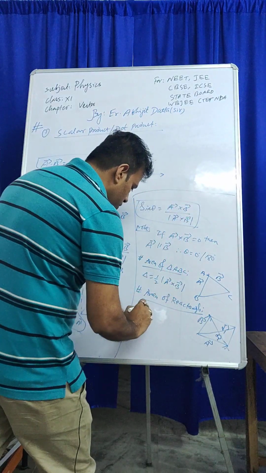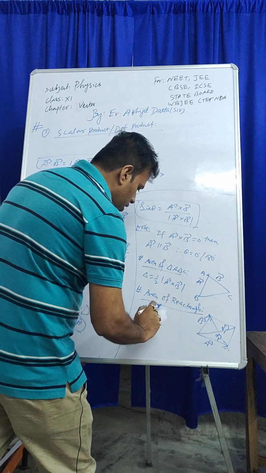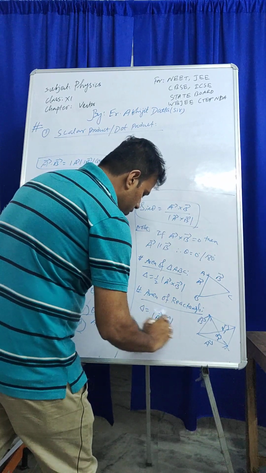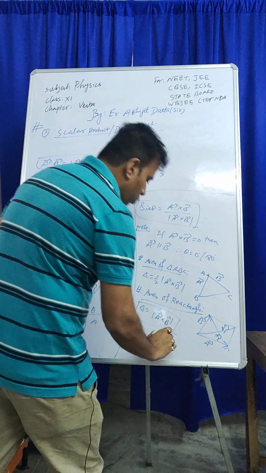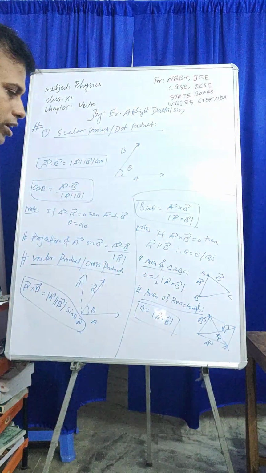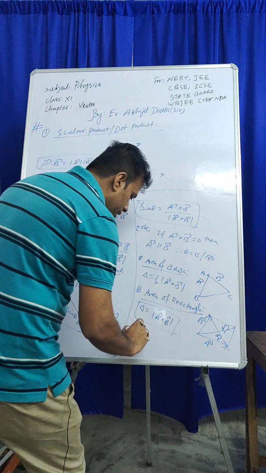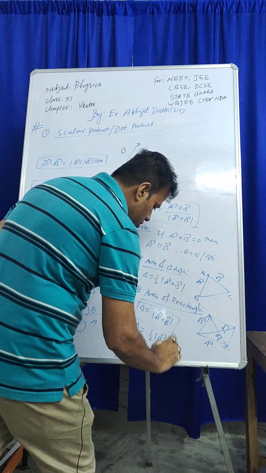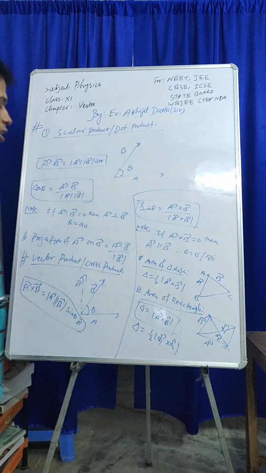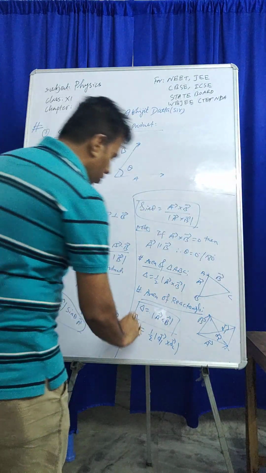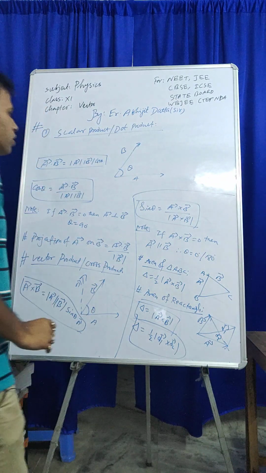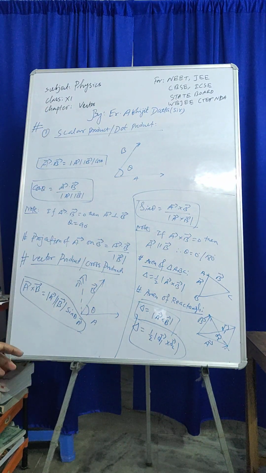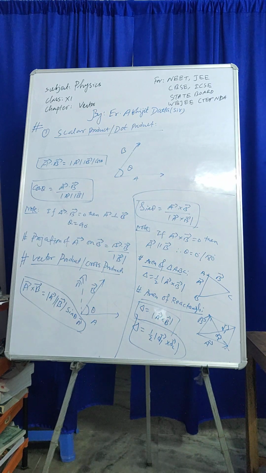So the area is A cross B if two adjacent sides are given, and when two diagonals are given, then the area will be half of d1 cross d2. Okay, so these are the formulas related to cross product and scalar product. Okay, these are the formulas.